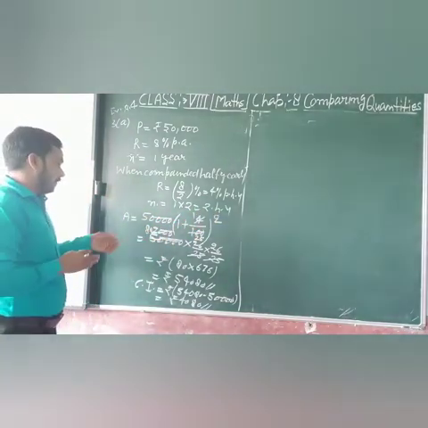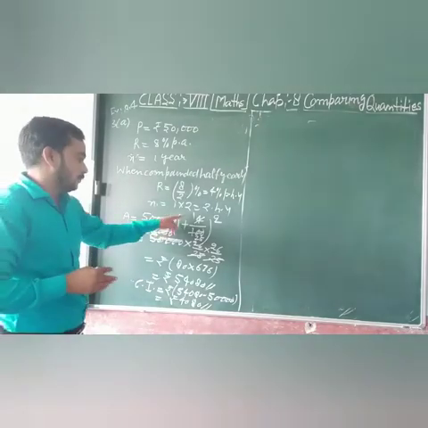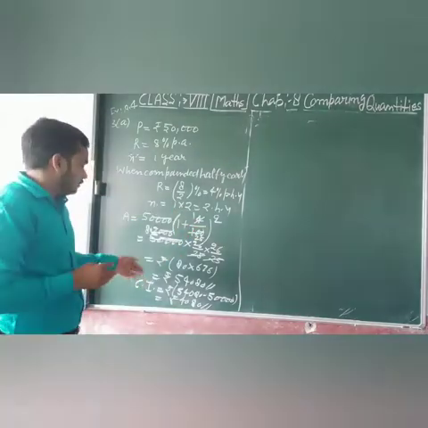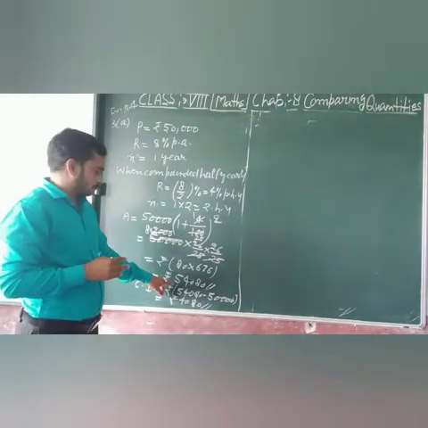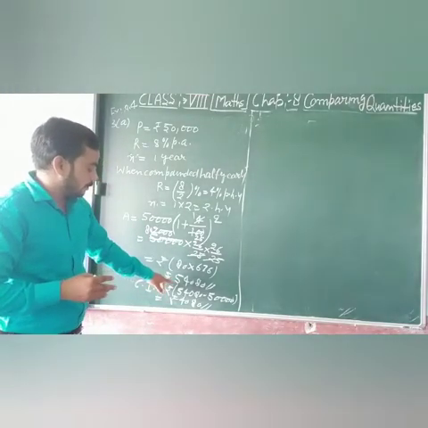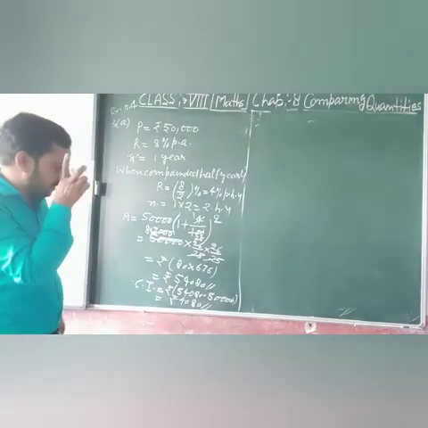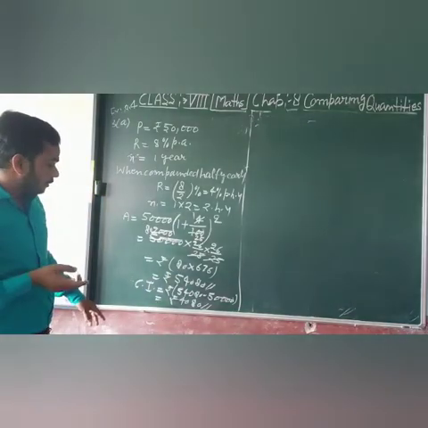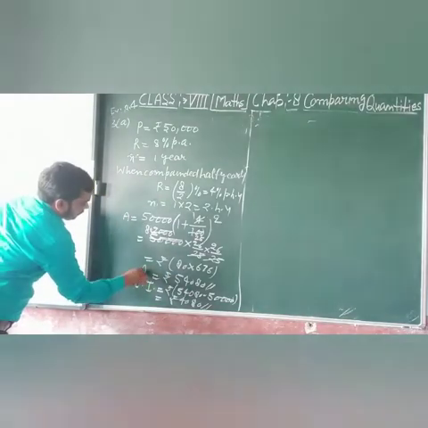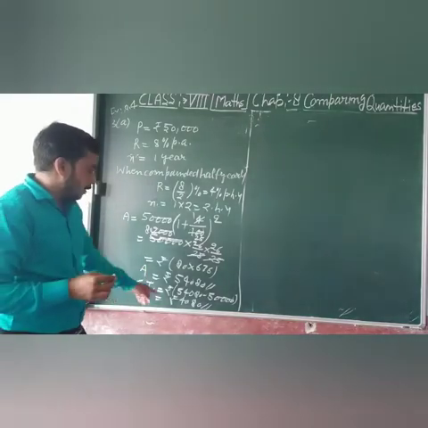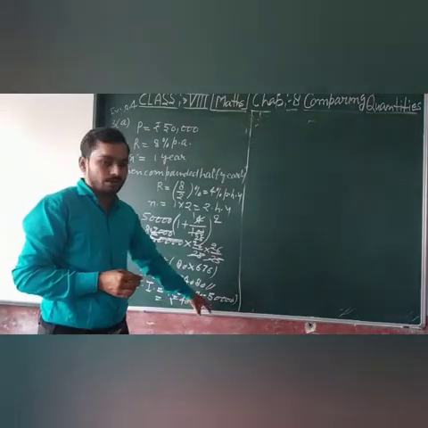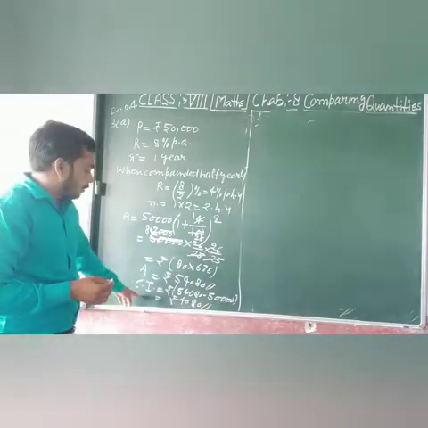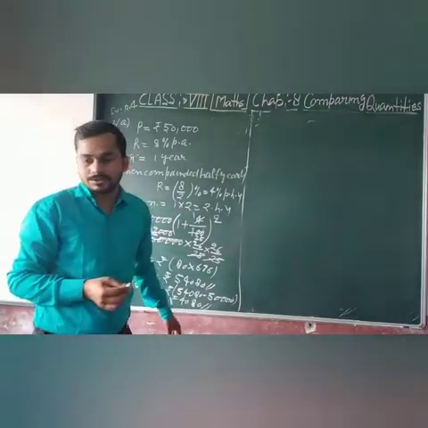Then apply the formula of amount P 1 plus R per 100 to power n. Then solve, so we have amount equal 54,080. That is the amount. Then compound interest is equal amount minus principal, so 54,080 minus 50,000. So compound interest is 4,080 rupees.